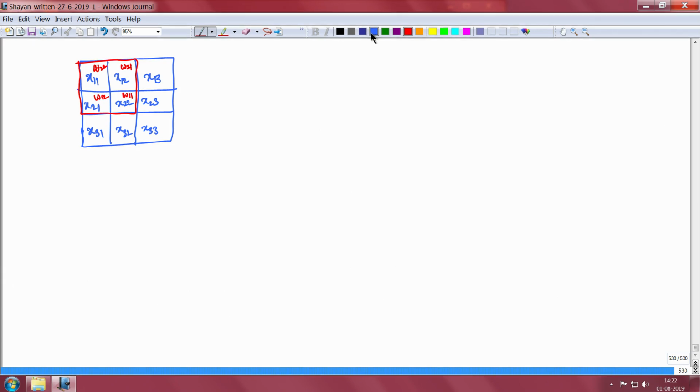So, the operation that I perform is as follows. I define a term called H11 which is given by X11 W22 plus X12 W21, X21 W12 and X22 W11.